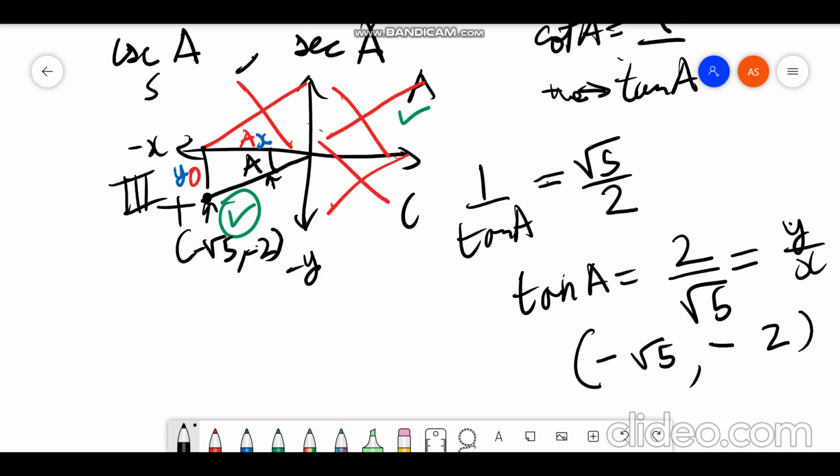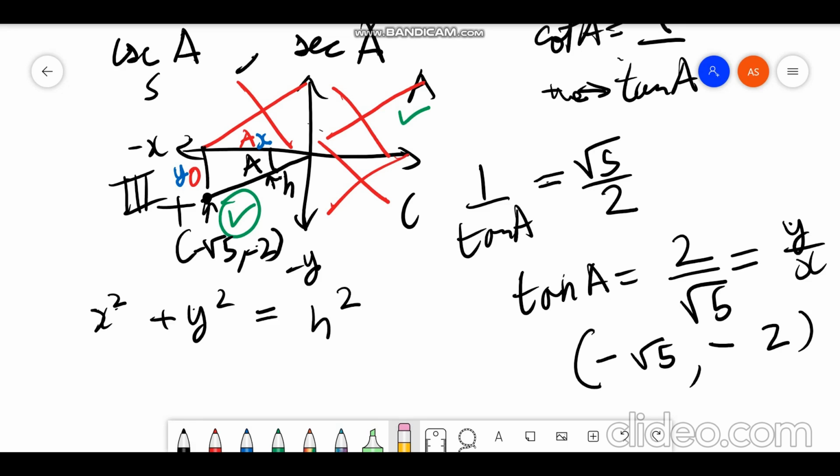Now let's find the hypotenuse. We can use the Pythagoras theorem: one side squared plus the other side squared is equal to the hypotenuse squared.